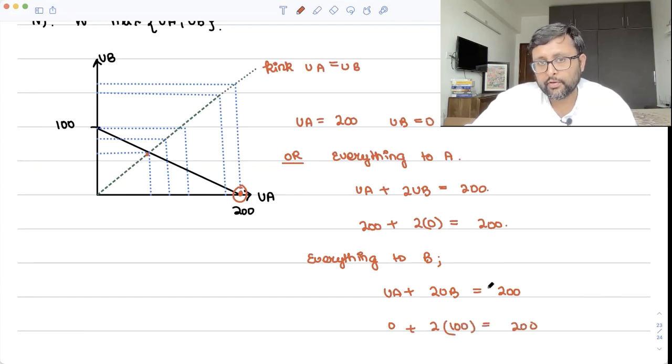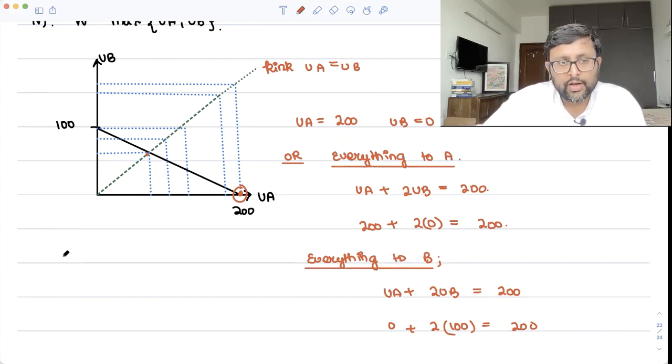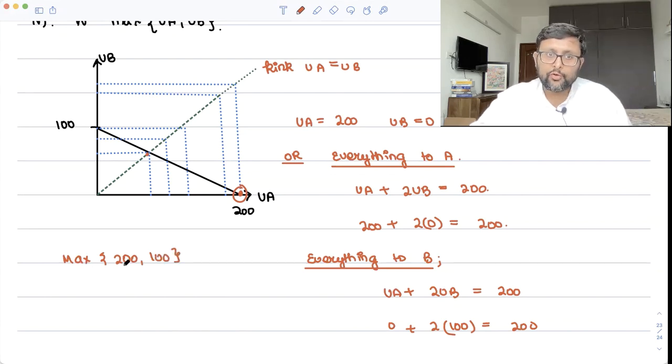Then only it will be 200. So these are two cases which you have. Now you tell me, will you have this? You can't give 200 to A and 100 to B. You don't have such a utility possibility frontier.